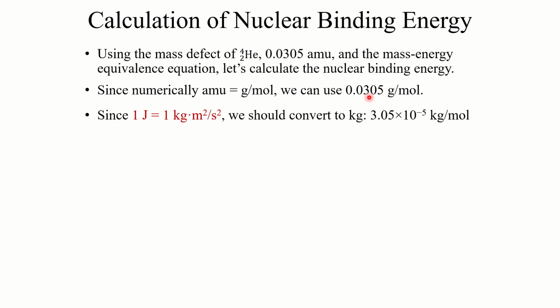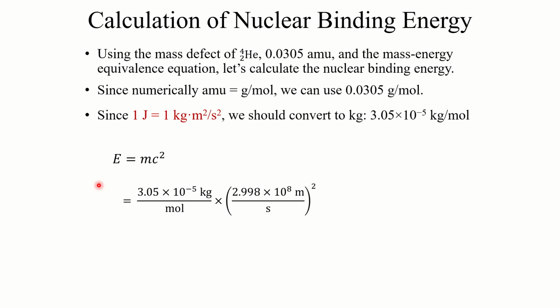Now, since 1 joule is equal to a kilogram meter squared over second squared, we are going to want to convert to kilograms because we're going to try and find the binding energy in joules. And when you break a joule into its base units, it's kilogram, meter squared, and second squared. So again, we're going to take that mass and convert it to kilograms. And so that mass right there is 3.05 times 10 to the negative fifth kilograms per mole.